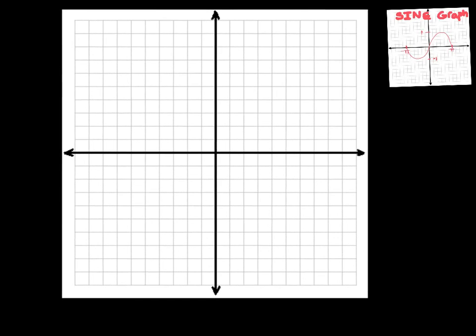Let's move that out of the way, and there we go. This third graph is called the tangent graph. This is a bit different than the other graphs that we have, but again, same concept. So what we want to do here is, first, one cycle of it is from negative pi to positive pi.